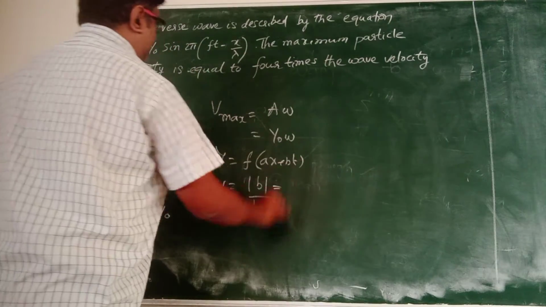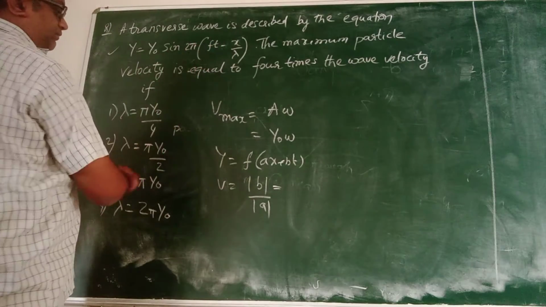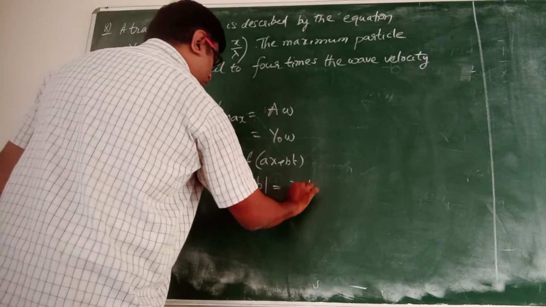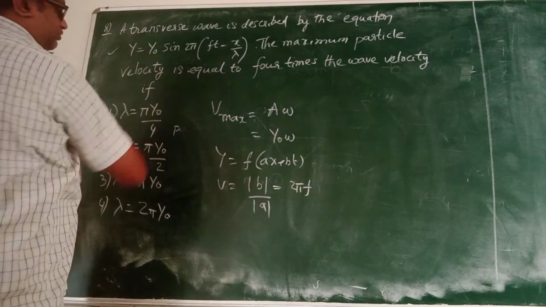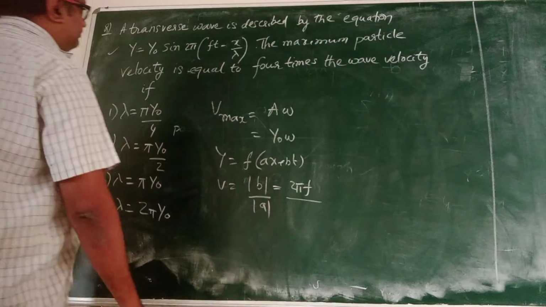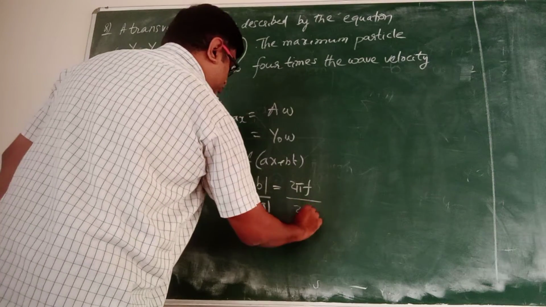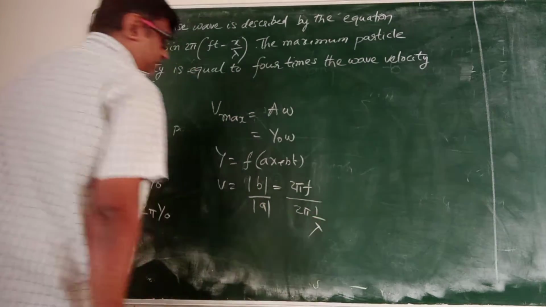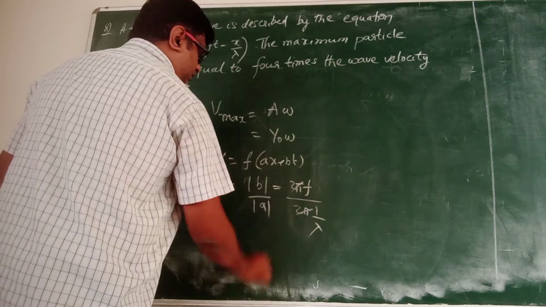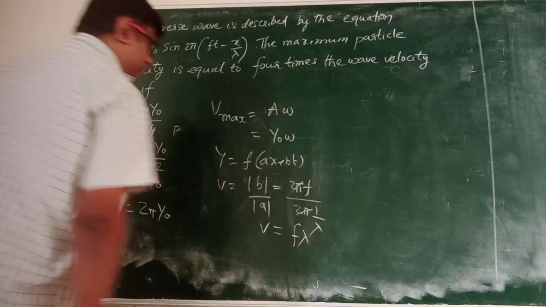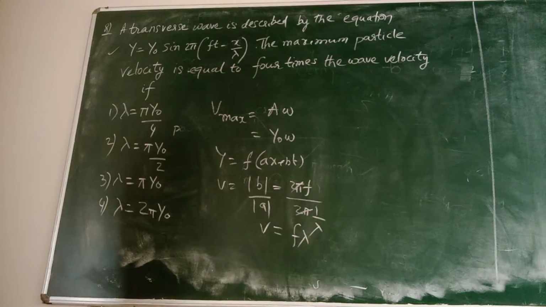So you can write coefficient of t is f, 2 pi f because 2 pi is outside, divided by coefficient of x, which is 1 upon lambda. So it is 2 pi into 1 upon lambda. 2 pi cancelled. This becomes f lambda. Okay. Now v is equal to f lambda.